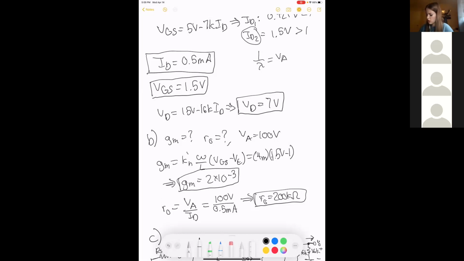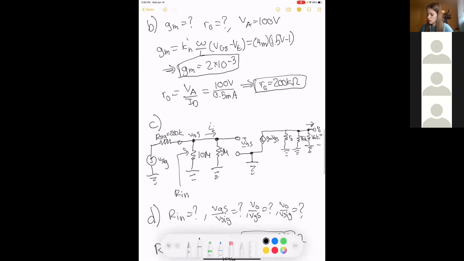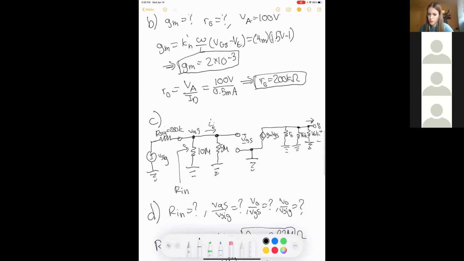So you find your ro, and you add your ro here. Is there a more specific question you want to ask about early effect? Do you mean how it affects your circuit? No, I think that's fine. Thank you.